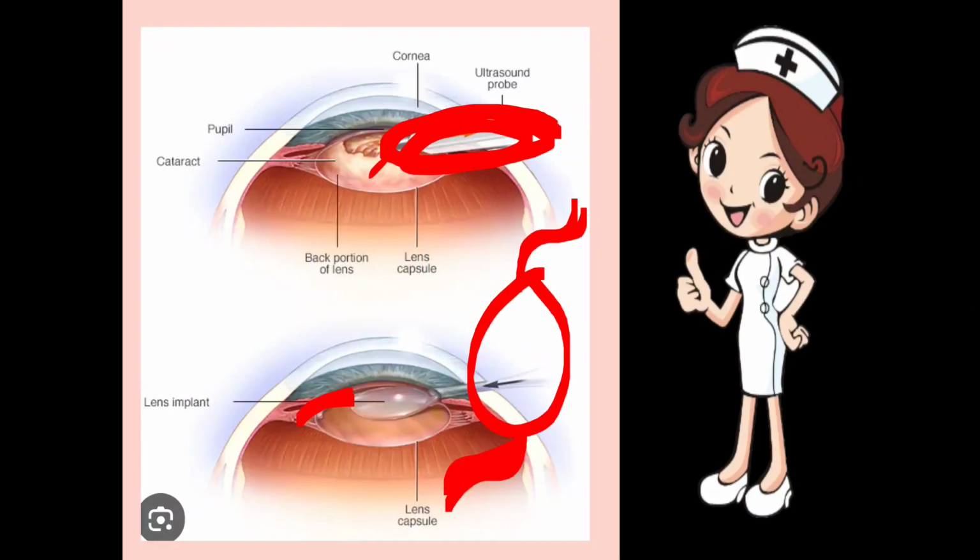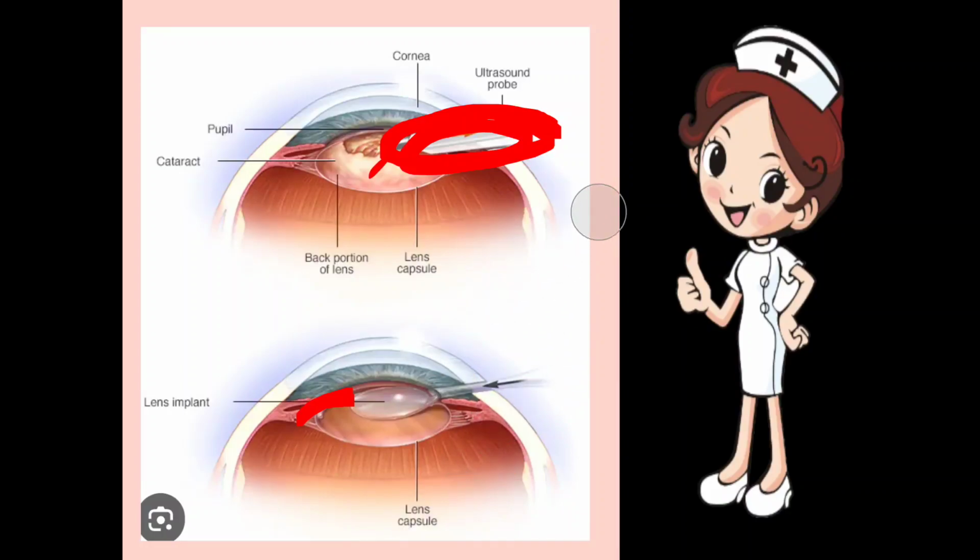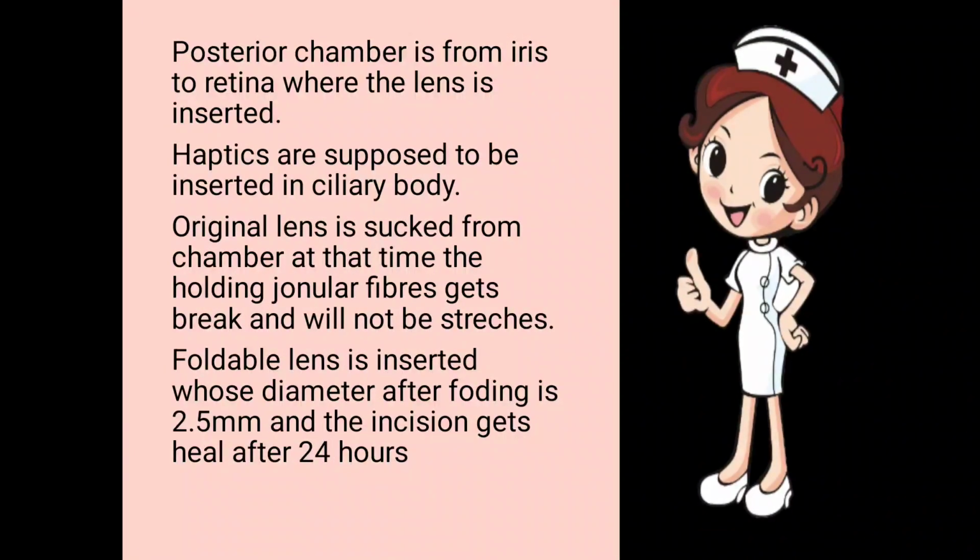After inserting the artificial lens, we have to fix the haptics inside the ciliary body, due to which the accommodation is totally relaxed in the patient, and we have to give a correction from outside after the cataract surgery. So the haptics are inserted in the ciliary body of the patient, because we don't have zonular fibers here; they break while sucking out the old or natural lens from the eye.